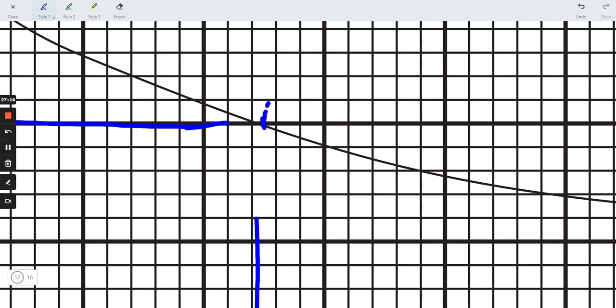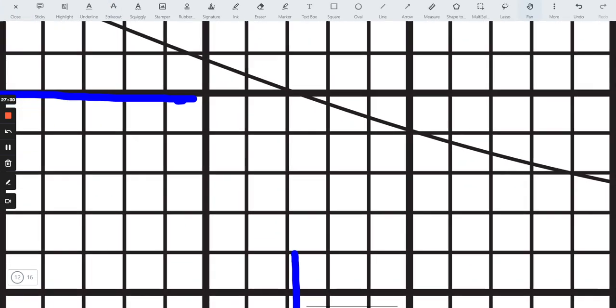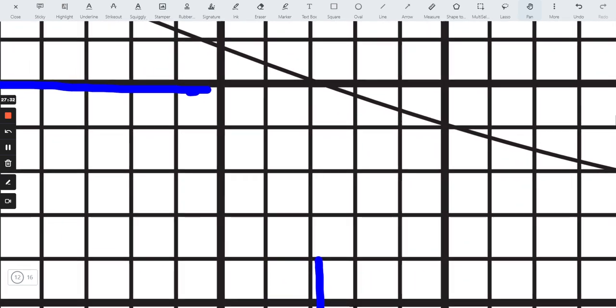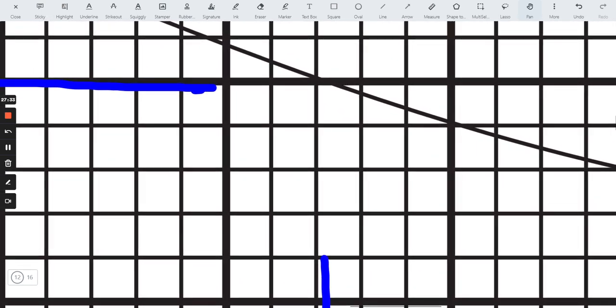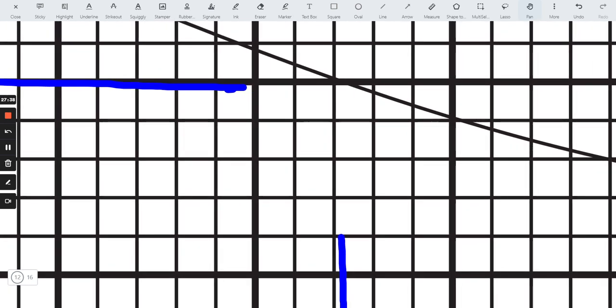The intersection point is here, almost here, even more.